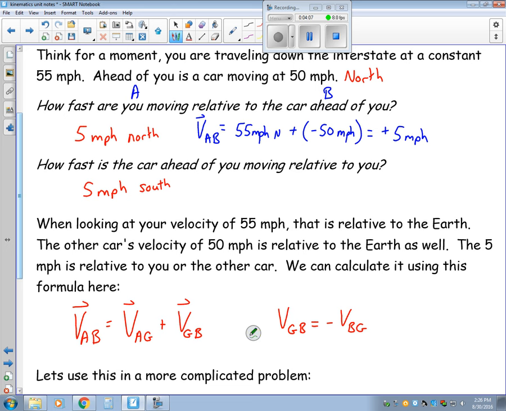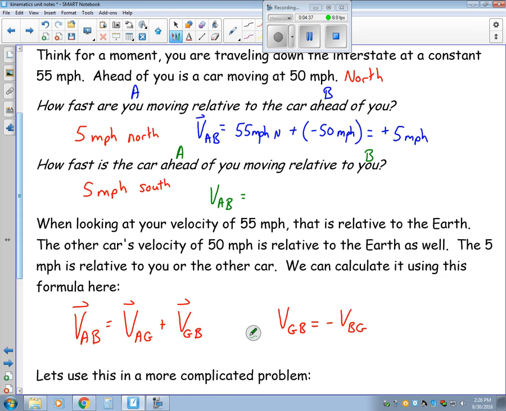How fast is the car ahead of you moving relative to you? This time I'm going to make the car moving ahead of you A, and I'm going to make you B. So the car ahead relative to you equals A relative to the ground.